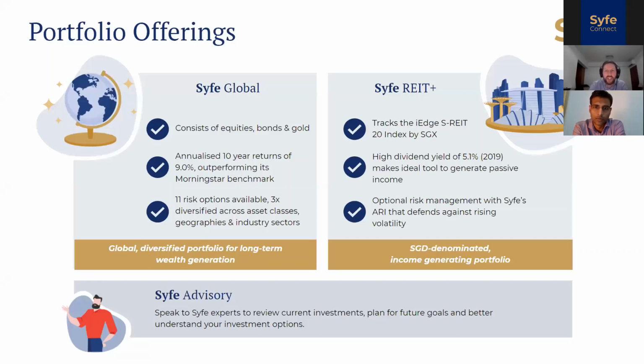It's Singapore denominated, and it tracks the iEdge S-REIT 20 index by the Singapore Exchange, the SGX. The focus here is to generate dividend yield, and it had a dividend yield over 5% last year. So it makes an ideal tool or supplementary portfolio to generate passive income.